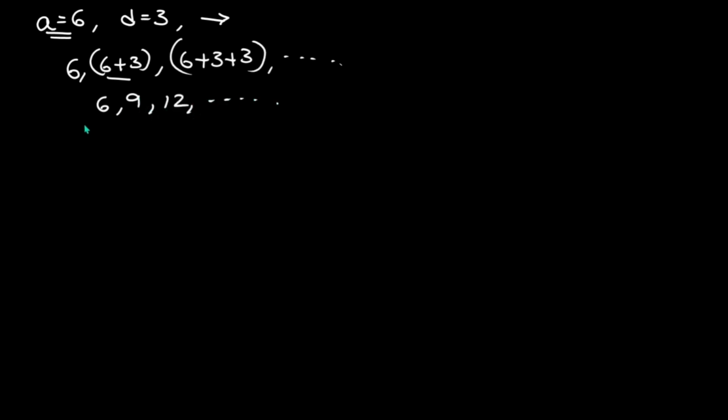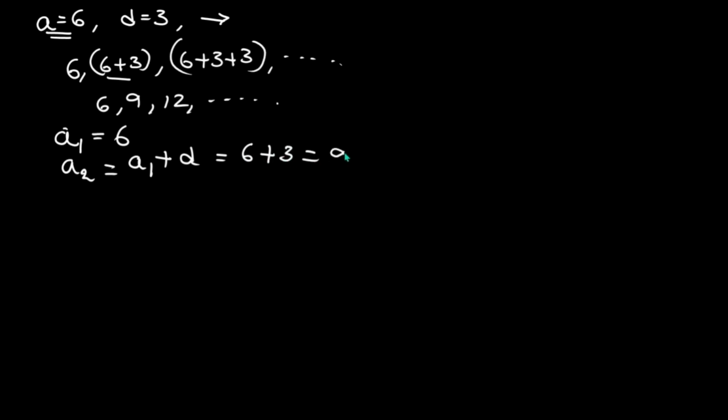Instead of that, you can write something like this. The first number is A1, which is 6. How do you get A2, the second number? We take the previous number A1 and add the common difference D. What is A1? 6, and the common difference is 3.